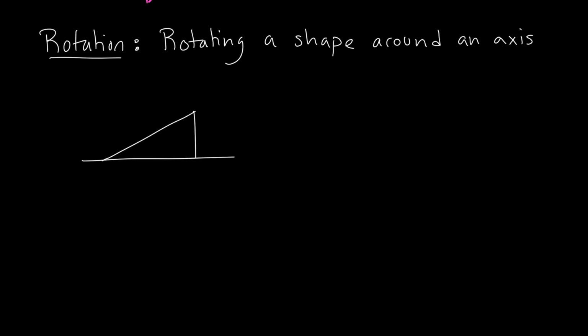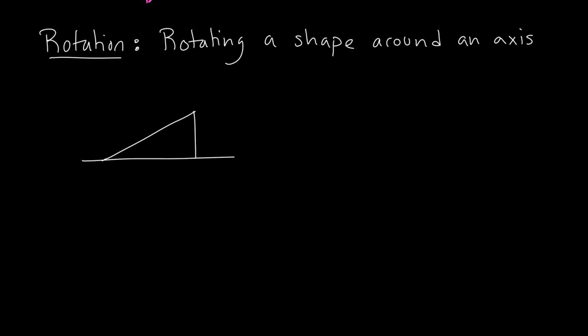If I tell you to rotate that triangle around that axis, what shape would I end up with? Here, this ruler I'm holding is my axis, and here's my triangle.